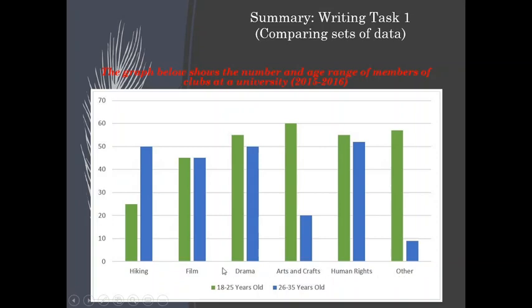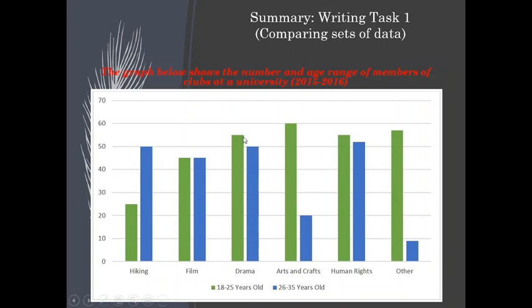All right, so we are actually comparing the different clubs. Okay, so the members of each age range in the different clubs. So what is the general trend? How are you supposed to look for the general trend? Okay, so you have to look at which is more, which is less, which has the most number. So you have to take a look at that.